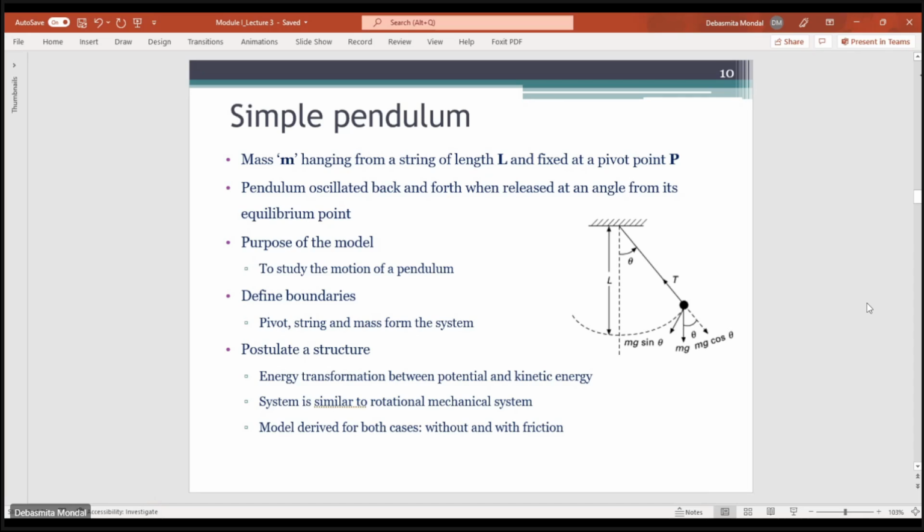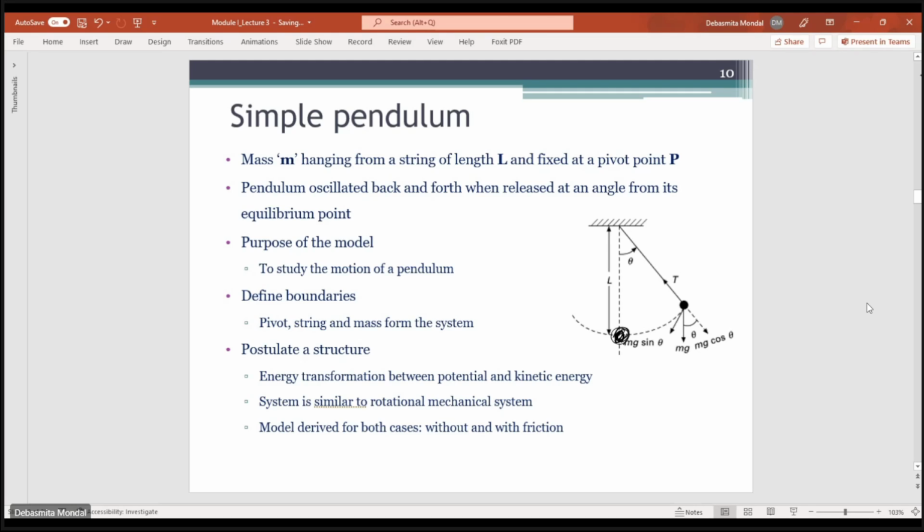So the equilibrium position of this pendulum is where it is lying when it is somewhere over here. Now what you can do is take this pendulum and move it to a specific angle theta.